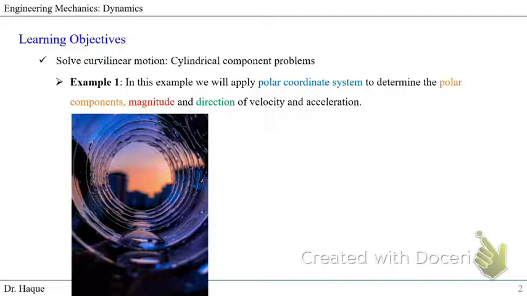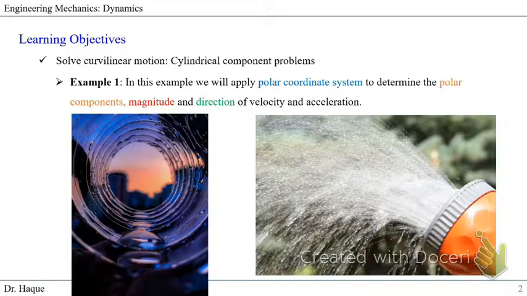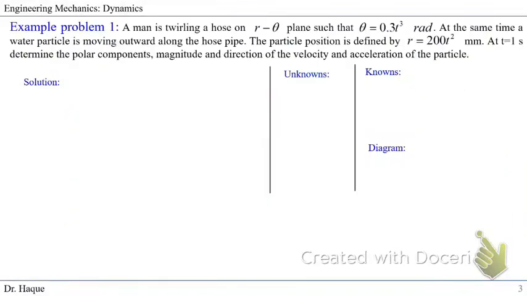We will have a pipe rotating in circular motion, and the water particle will move outward along the pipe. So we'll determine the velocity and acceleration of that water particle. Let's see the problem.